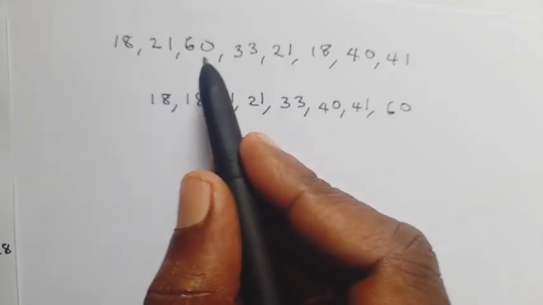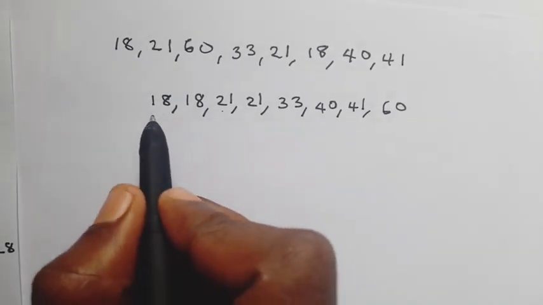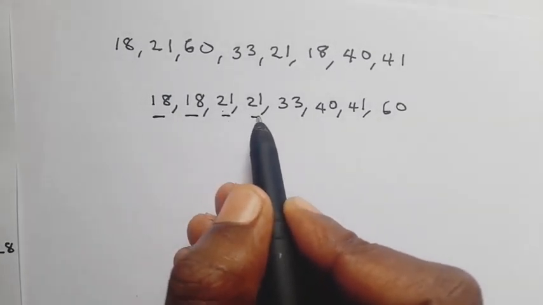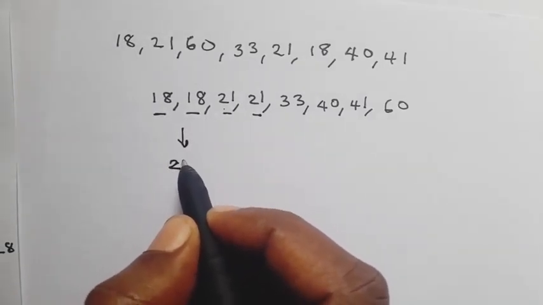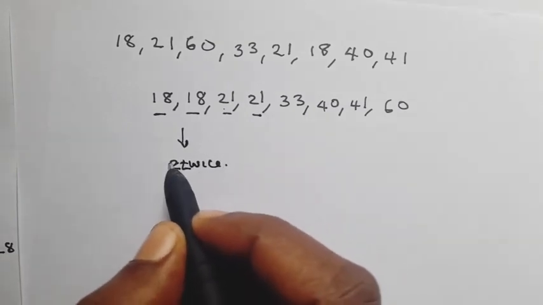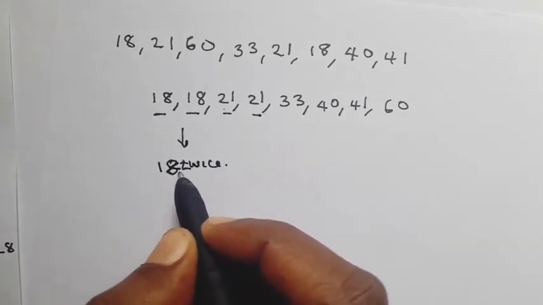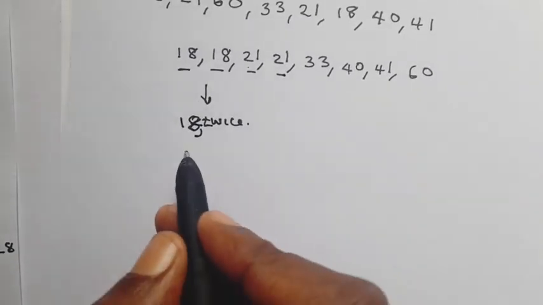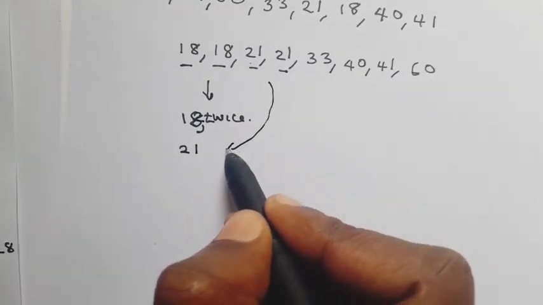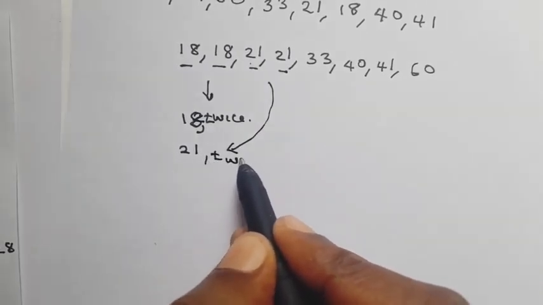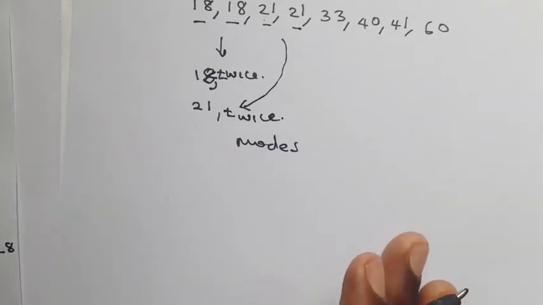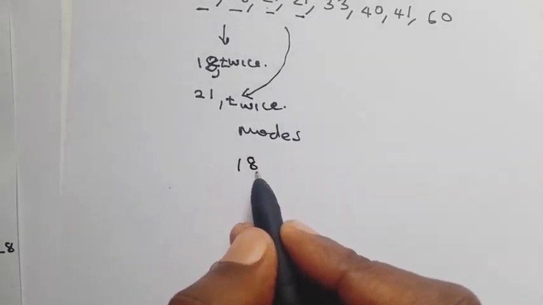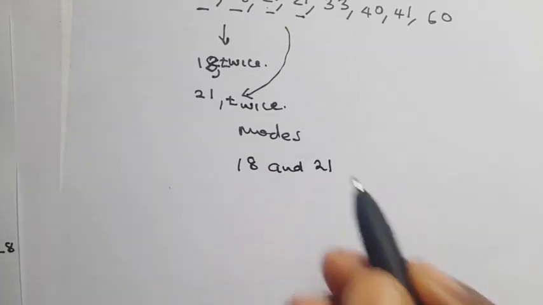So in this case, the mode becomes 18 and 21 because they each appear twice. 18 appears twice, and also 21 appears twice. So the mode is two numbers, and they are 18 and 21.